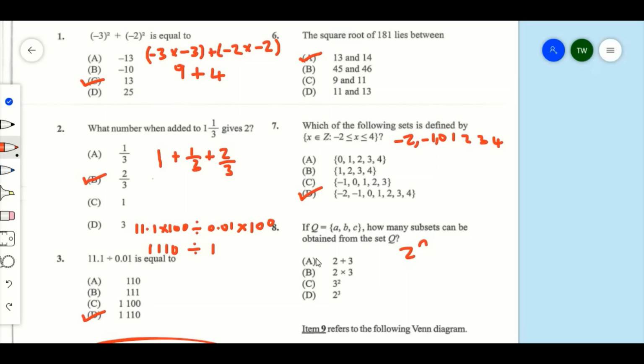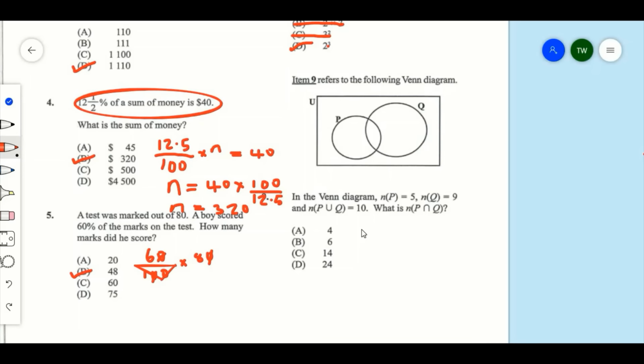So clearly A cannot be the answer. B cannot be the answer. It's between C and D, and C cannot be the answer since the formula is 2 raised to the power of n. So it's going to be D, which is 2 raised to the power of 3. So our answer here is D.